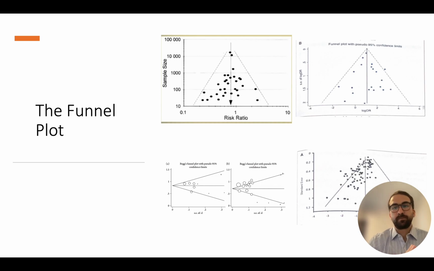Thus, the smaller studies scatter wildly at the bottom, and as the sample size increases, they spread narrower at the top of the pyramid. So the final plot assumes that we will have a symmetrical distribution, with as many studies above the mean as there are below the mean.